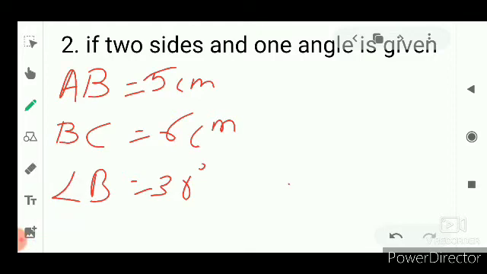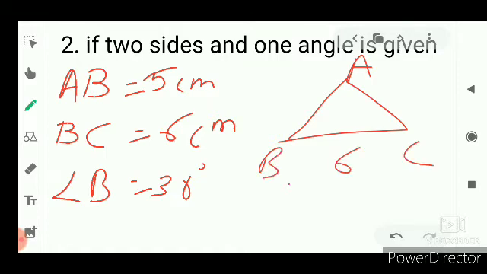We will make a rough figure of triangle ABC. This BC is 6 cm, AB is 5 cm, and this angle B is 30 degrees. We will draw the rough figure like this.